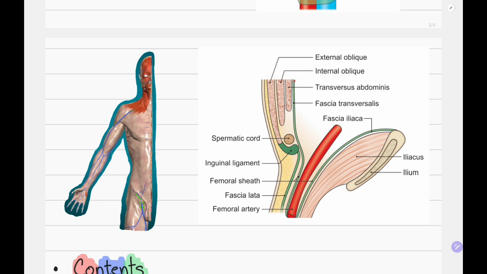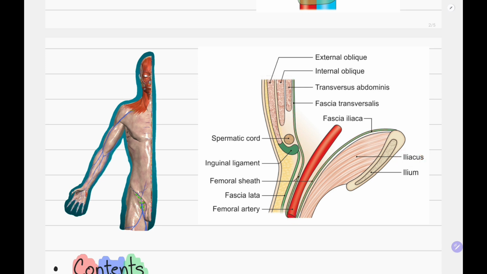The anterior wall of the sheath is a continuation of fascia transversalis. It extends downwards and blends with the fascia iliaca. This is the fascia iliaca, which covers the iliacus muscle.